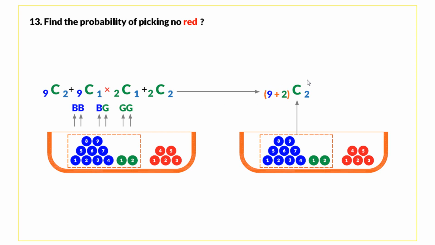We can just do it in one shot, and now we can combine 2 out of 11, and we get 55 possible outcomes. And now we can find the probability of this event of picking no red by dividing 55 over 120, and we get 0.45 as we did before.